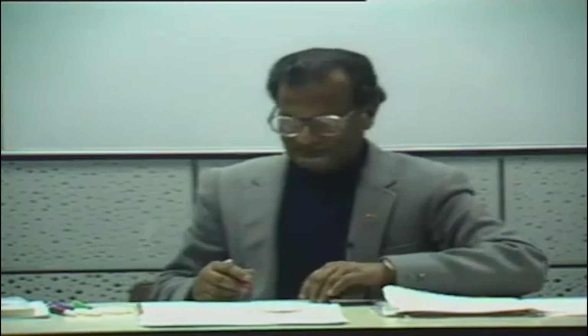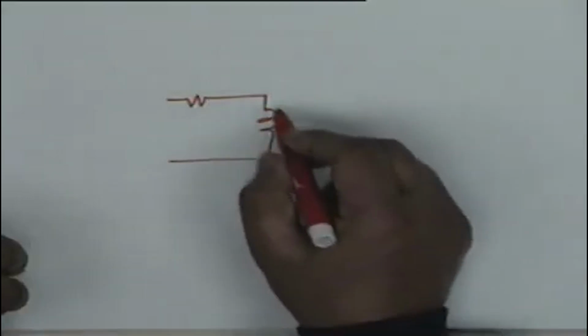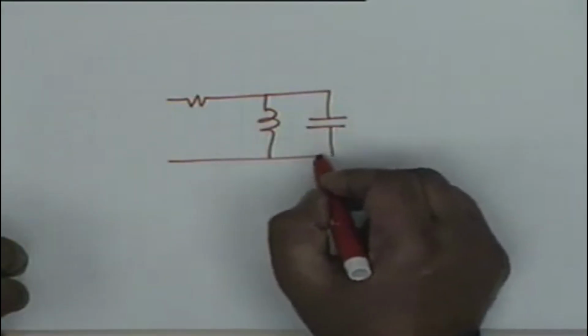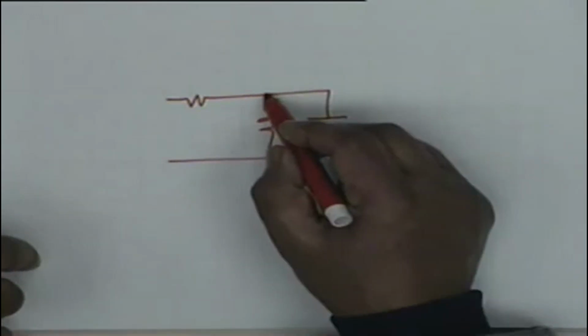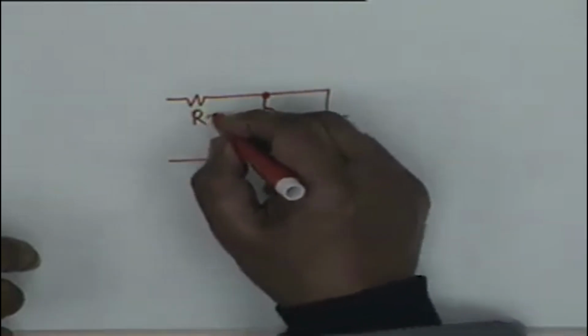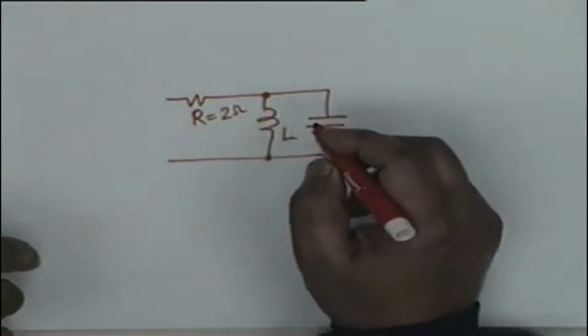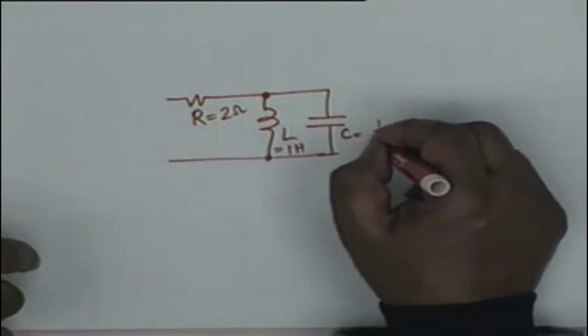Let's take one example. Let's take the same circuit that we have been talking of, with R, L and C. Now please pay your attention to this. We are doing something new. Suppose R equals 2 ohms, L equals 1 henry and C equals 1/4 farad.